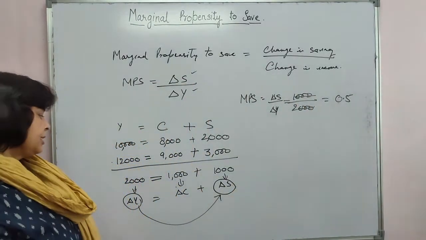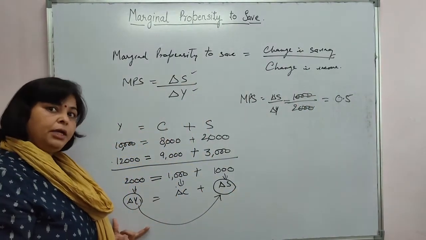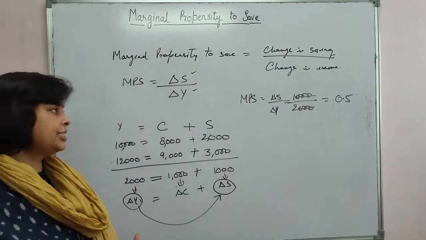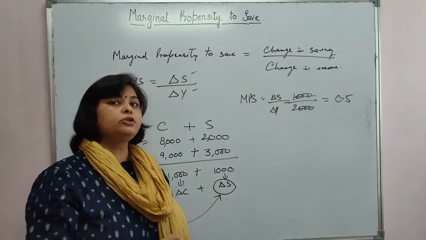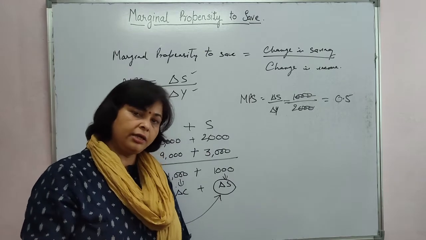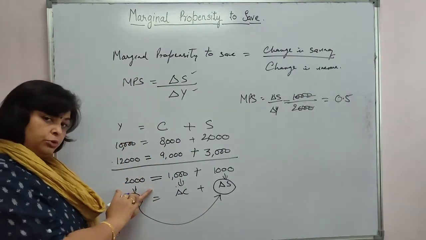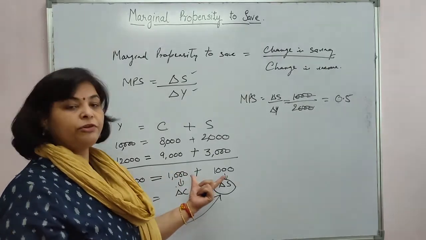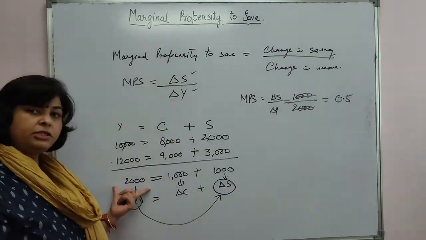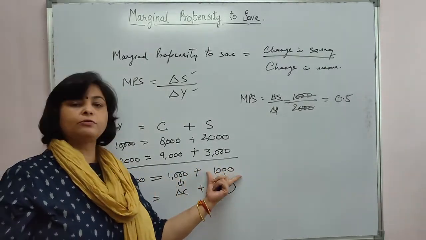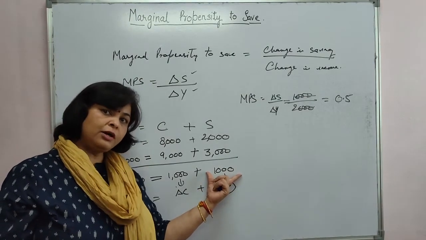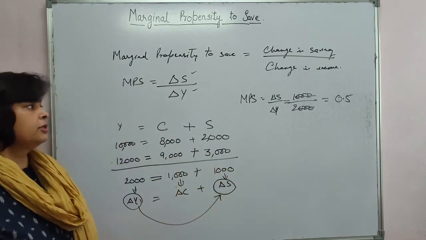It means that if my income increases, I will save 50% of the increase in income. My income has increased by 2,000 rupees, so 50% of 2,000 is saved. That is 50% of 2,000 is equal to 1,000, which is saved.